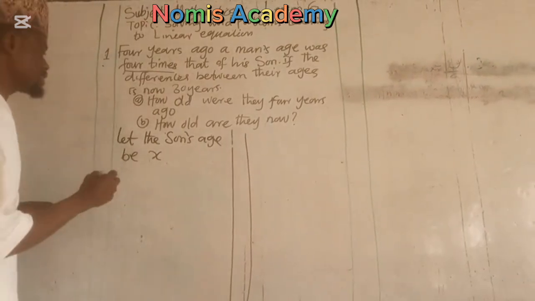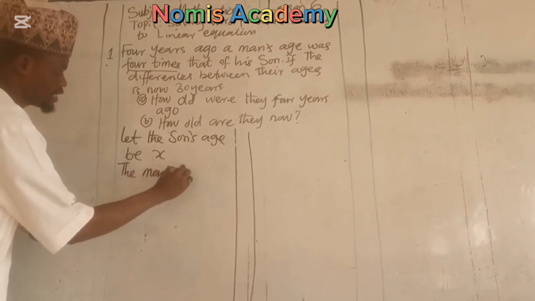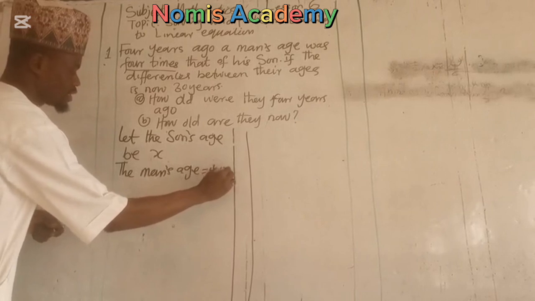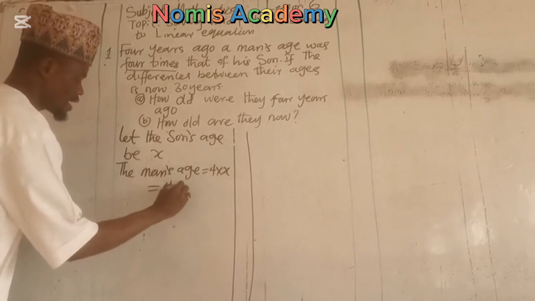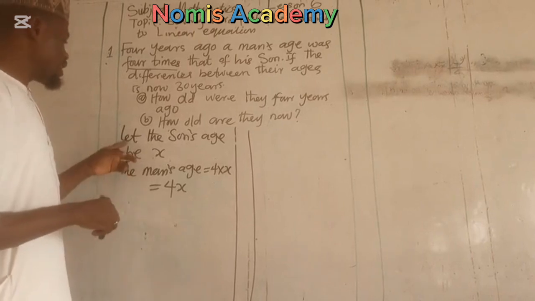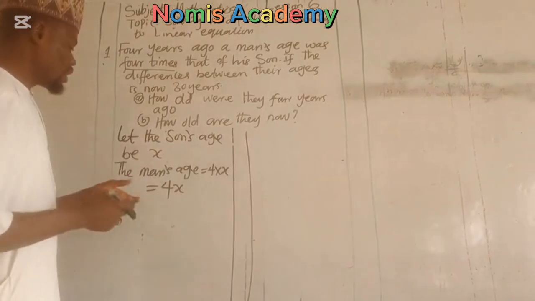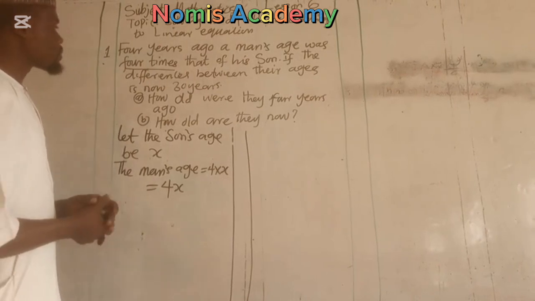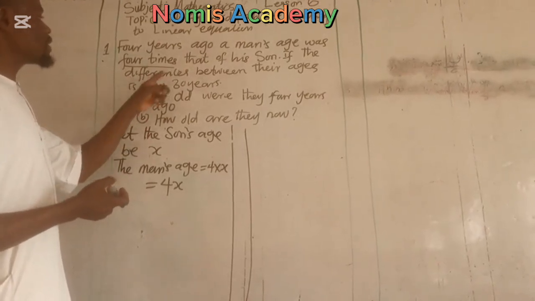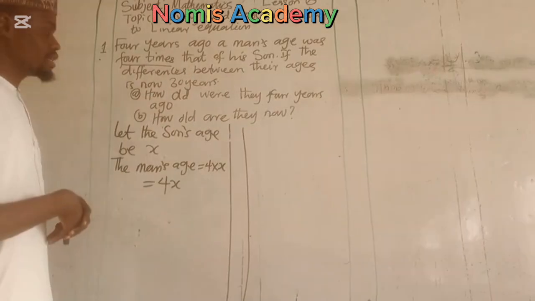The man's age is equal to 4 times S. This is their age 4 years ago. 4 years ago, the son's age is S, while that of the man is 4S.